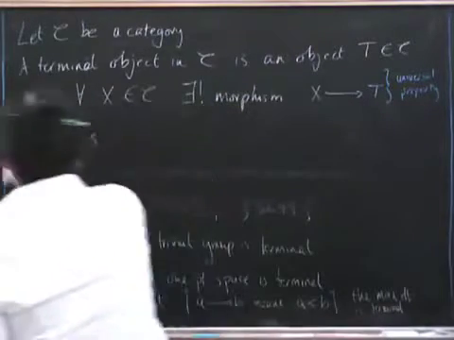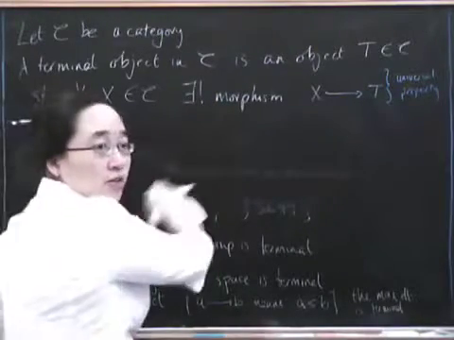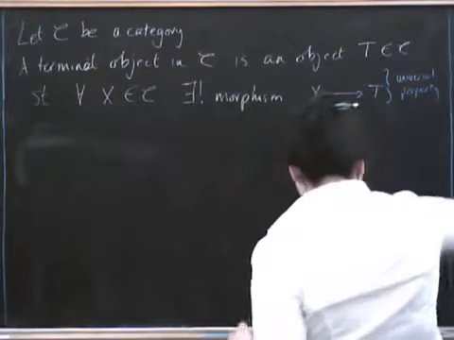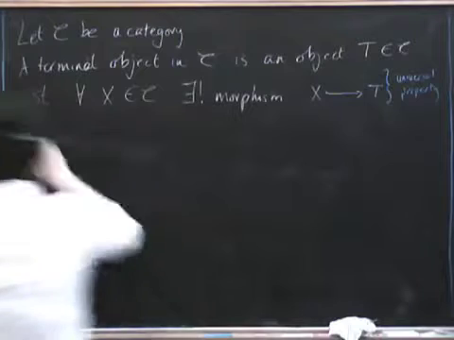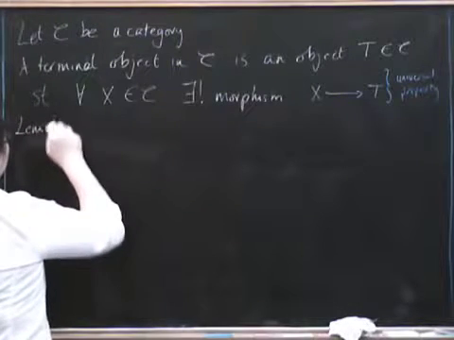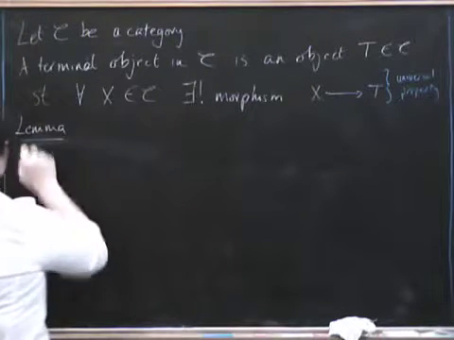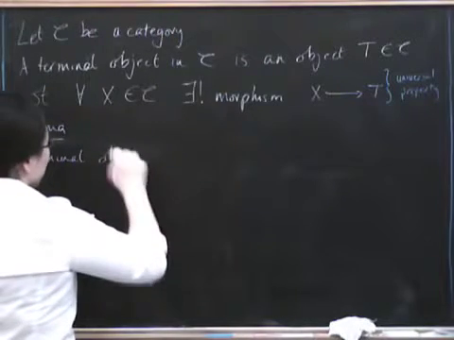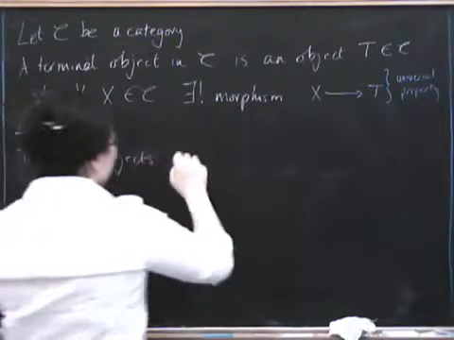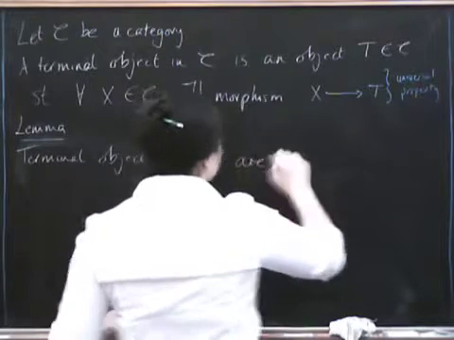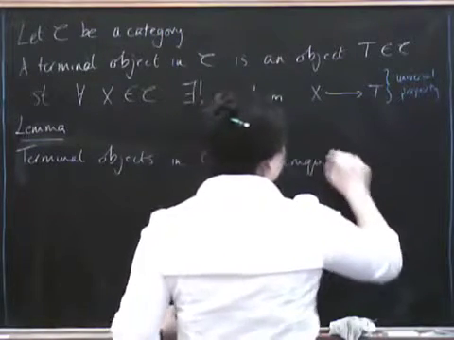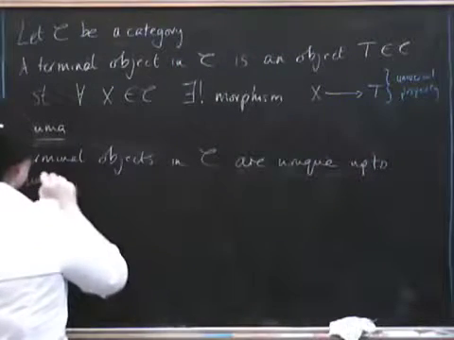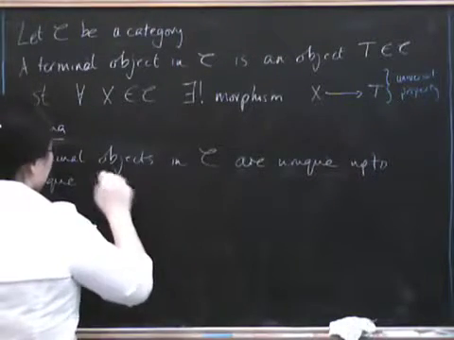Let's prove that terminal objects are unique up to unique isomorphism. So here's the lemma, which is very important. Terminal objects in a given category C are unique up to unique isomorphism.